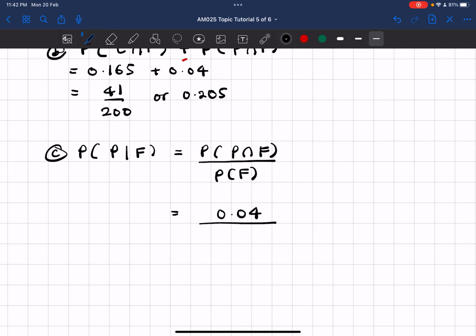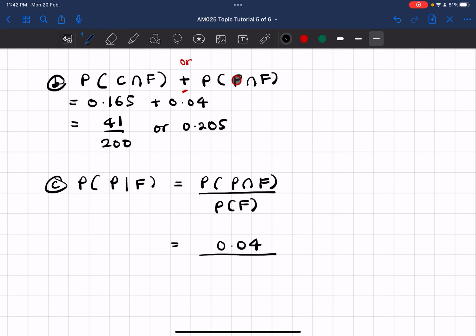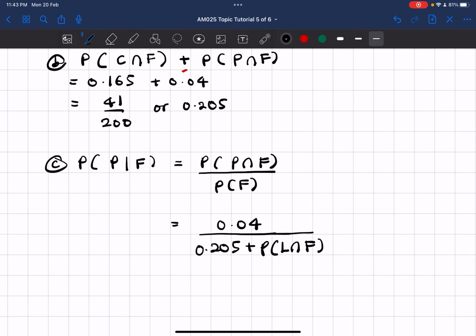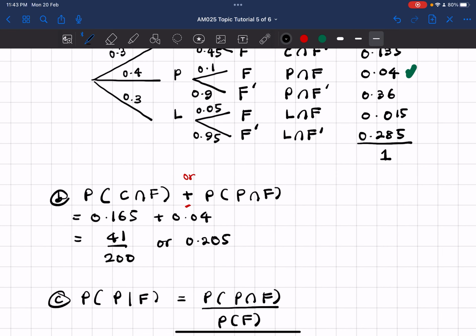0.04 divided by, so we already found C intersect F and P intersect F, which is 0.205, so we need to add one more, the probability of L intersect F, to complete it and find the probability of F. So what is the probability of L intersect F? L intersect F is 0.015.